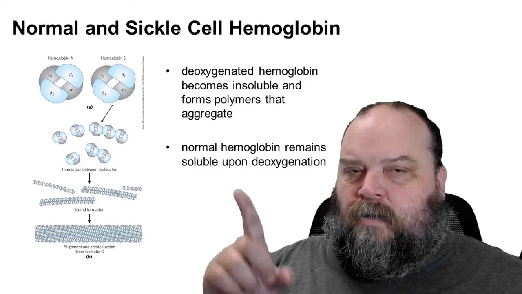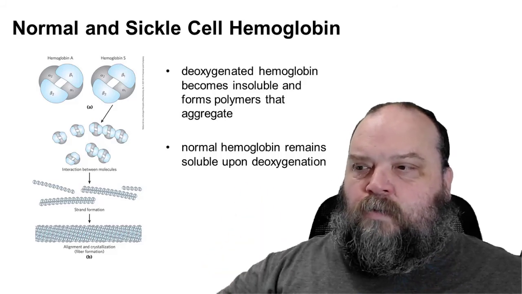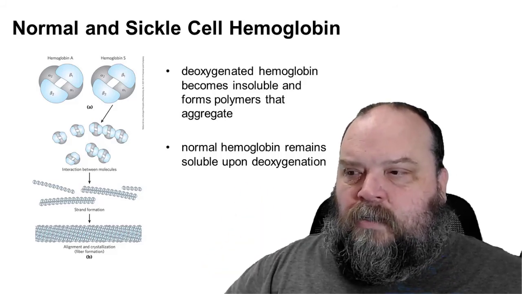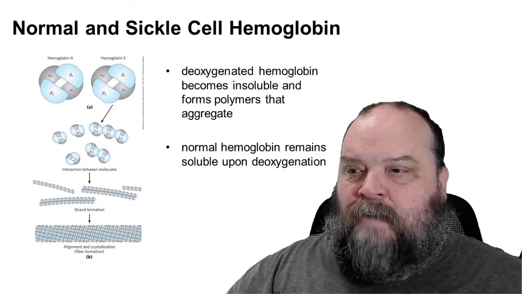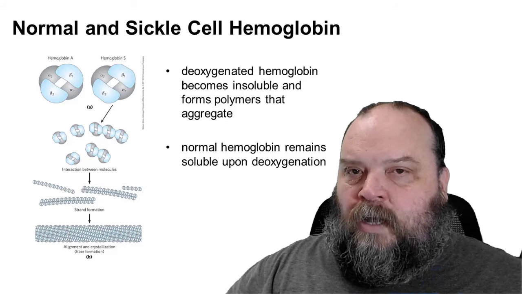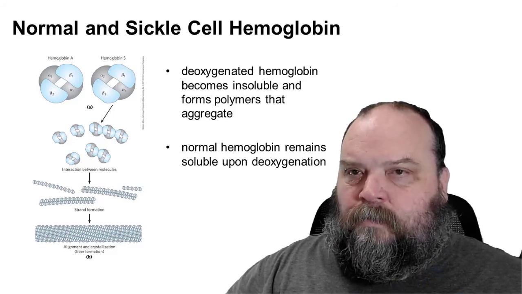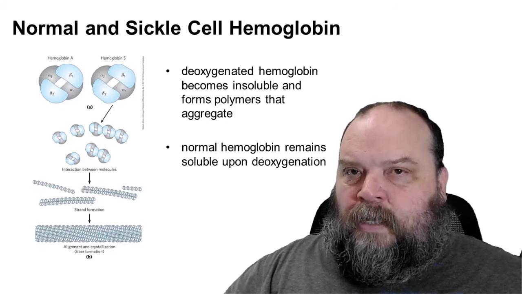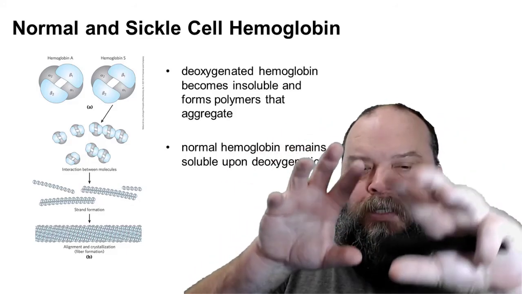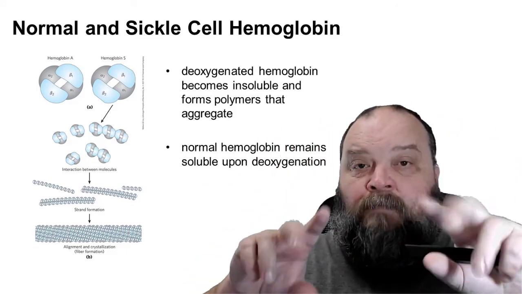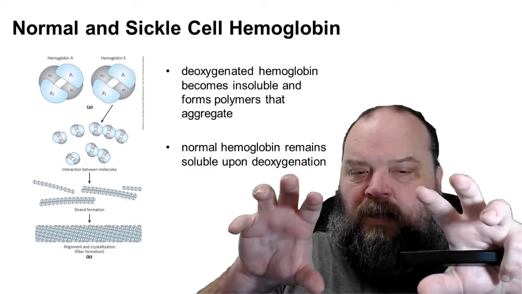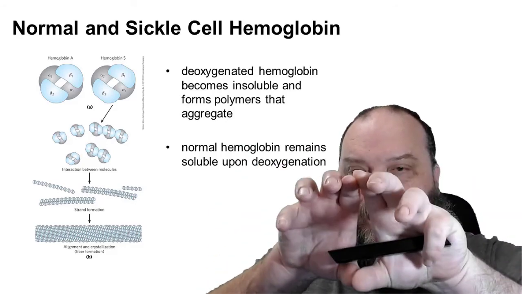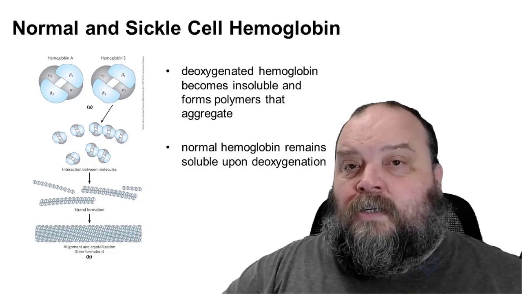But as we see here, in this artist's rendition of what's going on, these beta subunits now have a greater affinity for each other than they do for oxygen. And instead of being free-floating proteins with 4 subunits, as in the normal condition, these hemoglobins now have a higher affinity for each other and start sticking to each other.